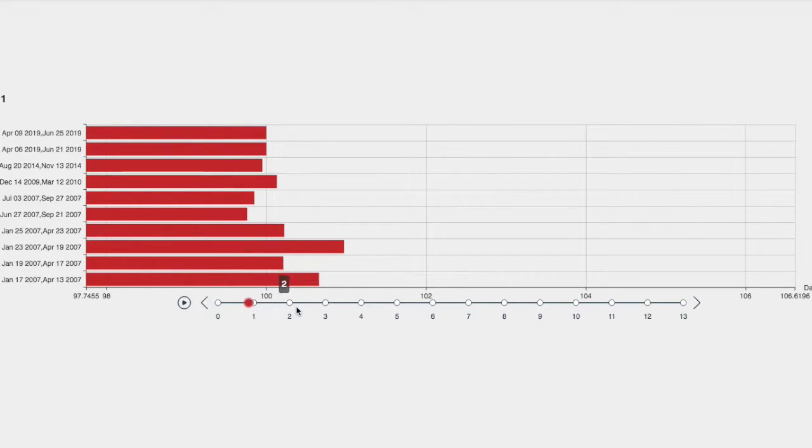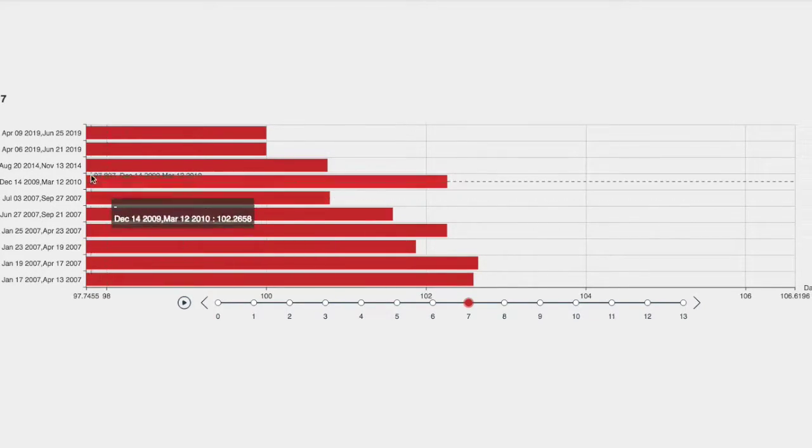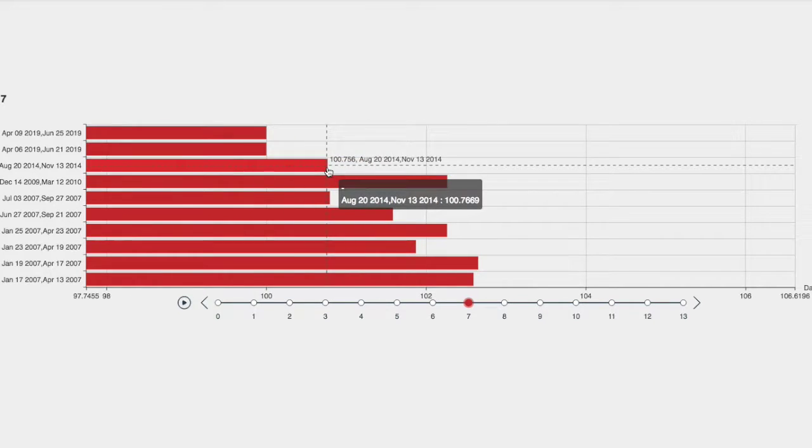So 1 day out, 2 days out, 3 days out, 4 days out, 5 days out, 6 days out, 7 days out. So back then the Dow Jones was only up around 75 basis points. So we have a slight up chance, but very little.